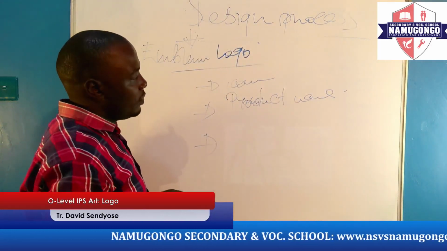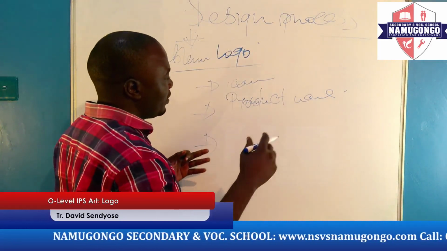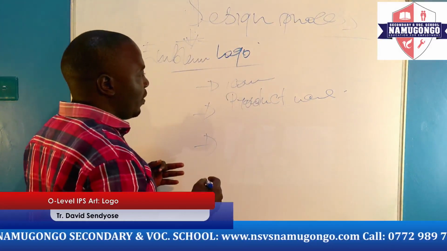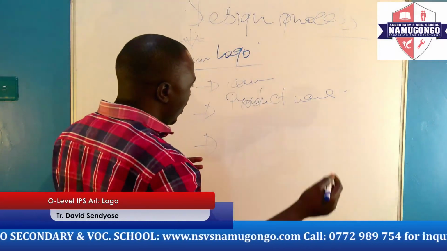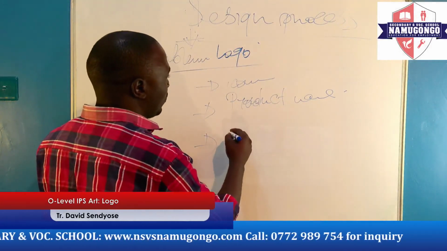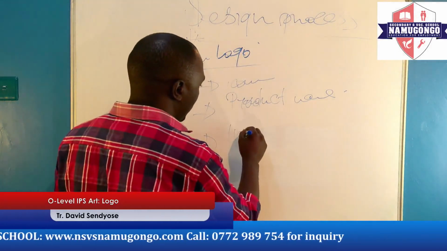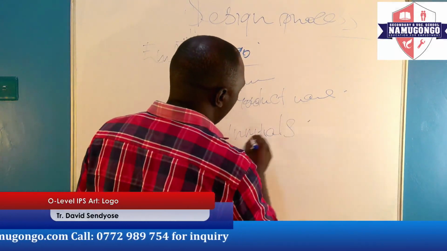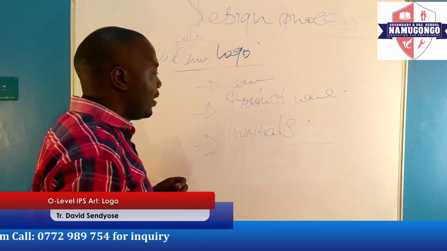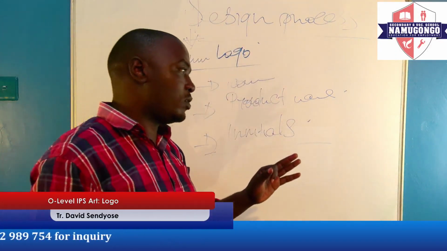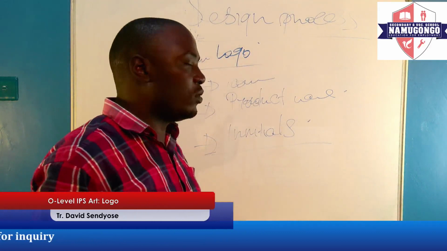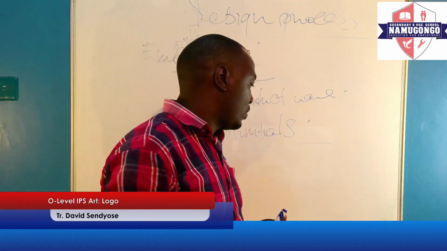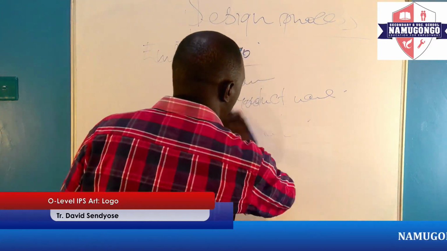And 3, I'm suggesting that it should also have what we call the initials. And how you come up with the initials, you're supposed to do it in a creative way.